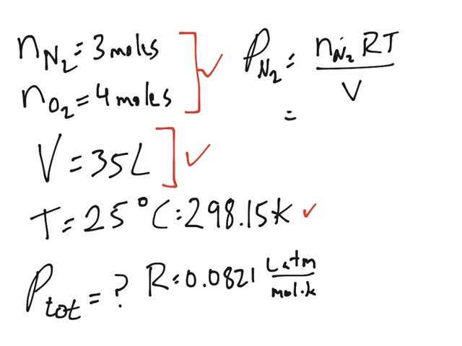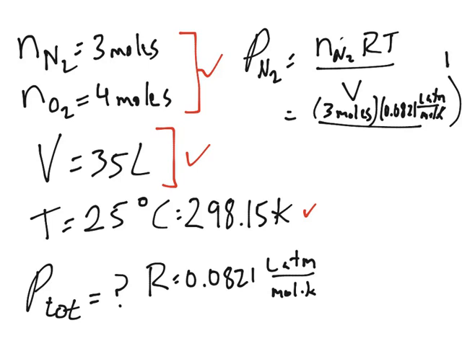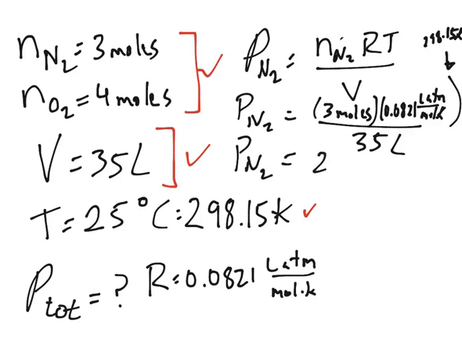So it would be 3 moles times 0.0821 liter atmosphere per mole Kelvin, times the temperature, 298.15 Kelvin, over 35 liters. So that would be about 2.09 atmospheres.